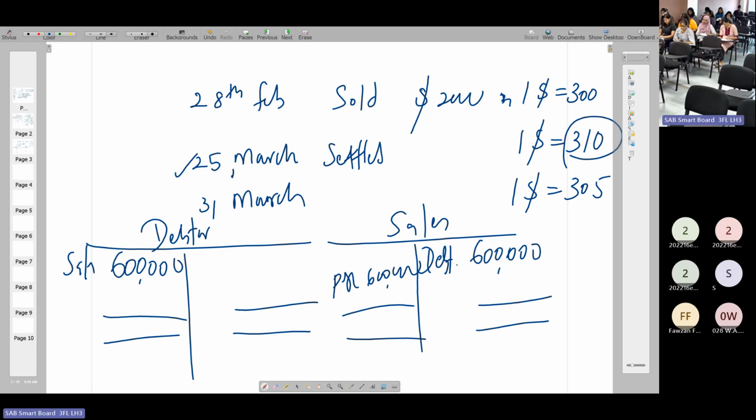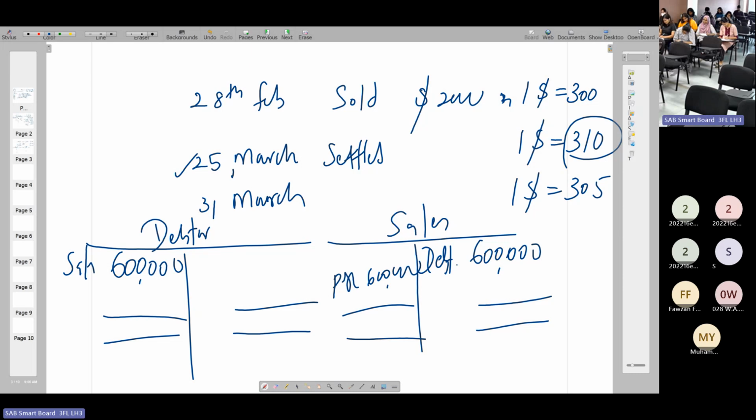So 620,000. Cash debit, debtor credit. 620,000. Now this debtor account should be balanced.